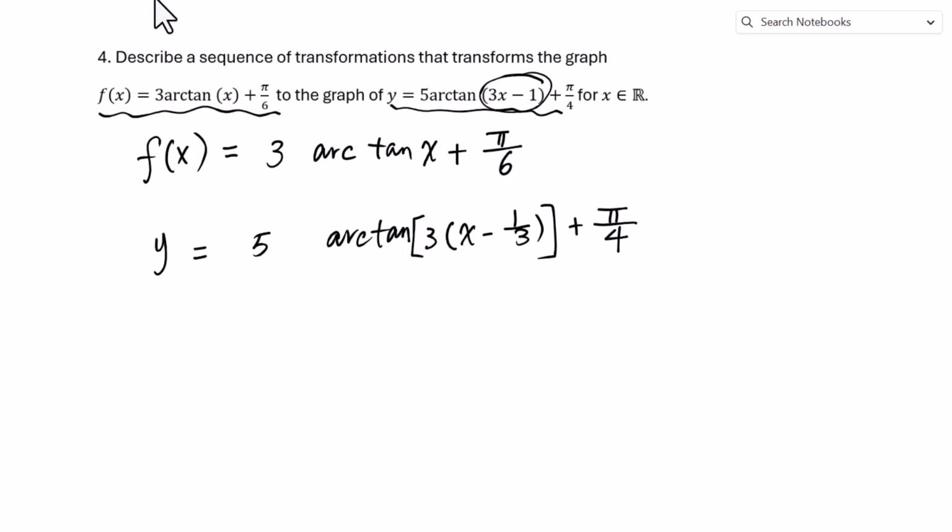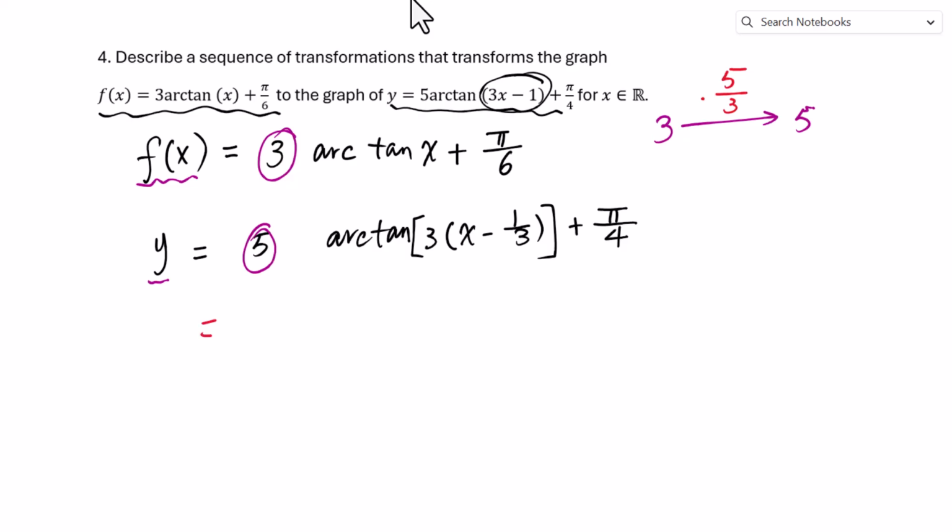We need to set up the connection between f of x and y. As the vertical stretch factor, how do these 3 change into 5? You have to times 5 over 3 to get this 5.